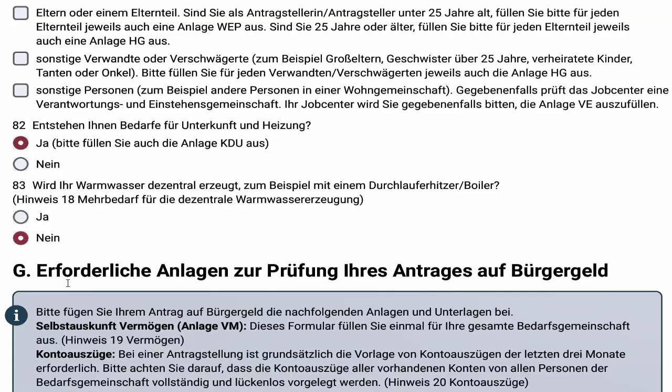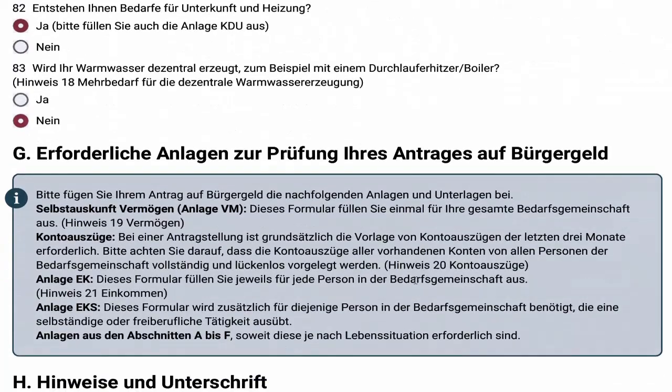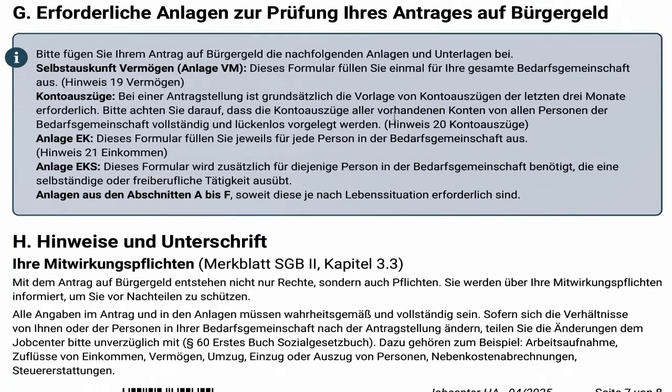Part G is about the required documents for assessment of your application, and they have asked you to send these documents and attachments together with this application form to the job center. The first one is the attachment VM, your bank statements from the last 3 months, the attachment AK, if you're working, of course.